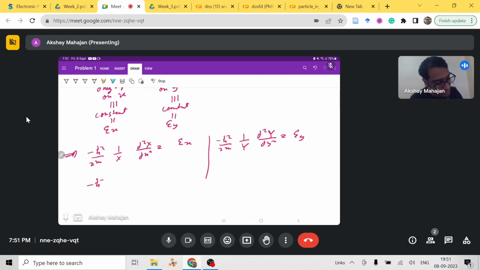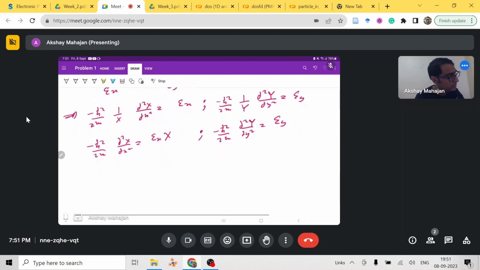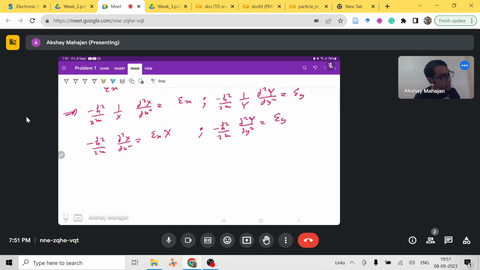So now we have the equation minus ħ² by 2m, del square X by del x square equals epsilon x times X. And similarly we have minus ħ² by 2m, del square capital Y by del y square equals some epsilon y times Y.